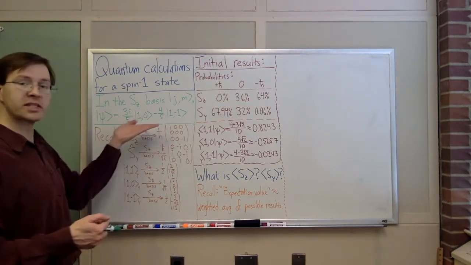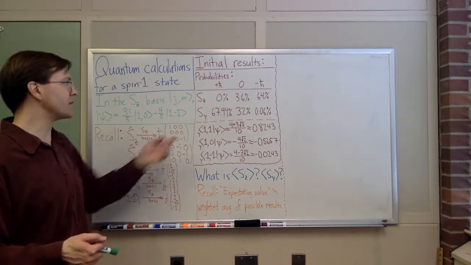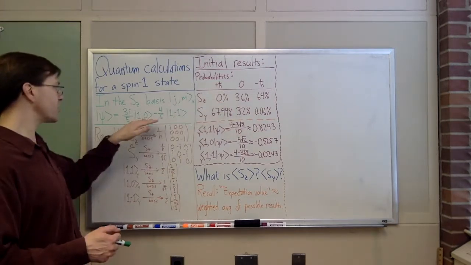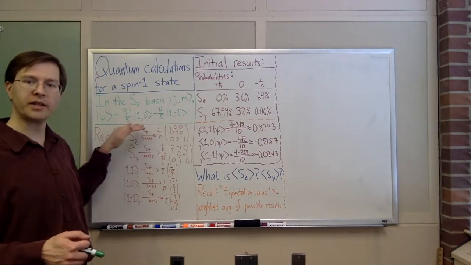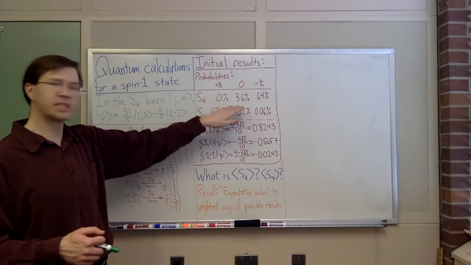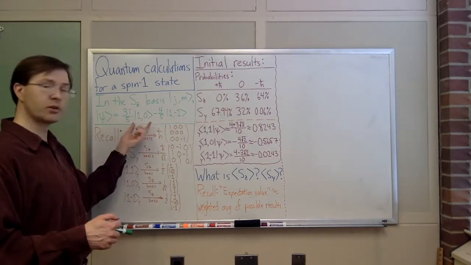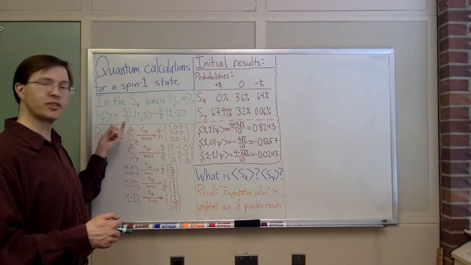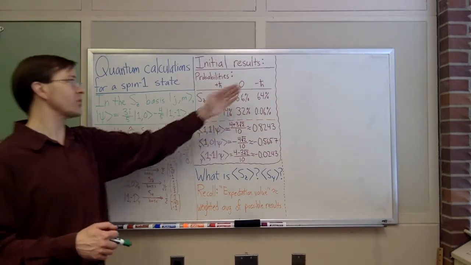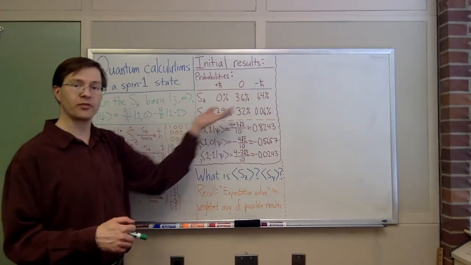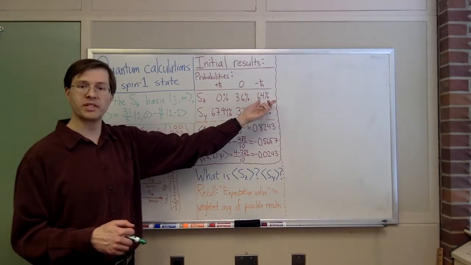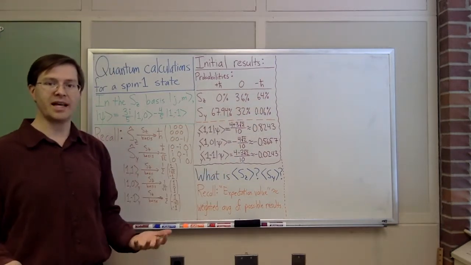For our particular state, I worked out last time that the probability of getting plus h bar as the Z component of spin is 0, because there's no 1, 1 component in this state. The probability of getting 0 as our Z component of spin is 36%. That came from the 1, 0 state, whose coefficient was 3i over 5. The absolute square of that is 0.36, 36%. Similarly, the probability of getting minus h bar is just the minus 4/5 coefficient, absolute squared, which comes out to be 0.64, 64%. We calculated that last time.